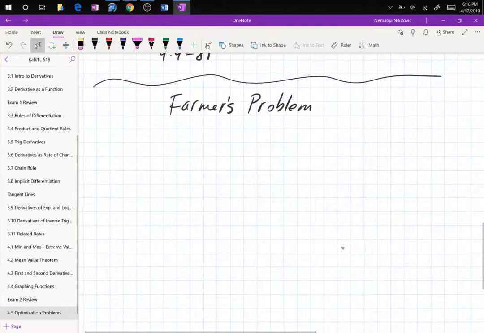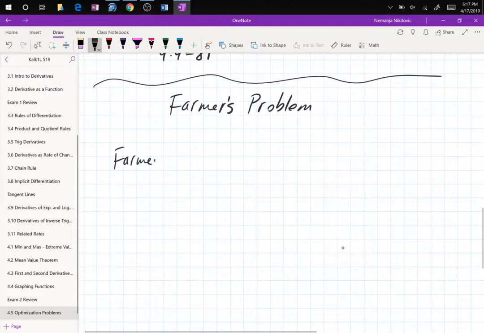For something. So farmer has a rectangular plot of land and he has a set amount of fencing, 200 yards, 2,000 yards, whatever number we put. What are the dimensions of the largest area to fence off with the amount of fence that he has?